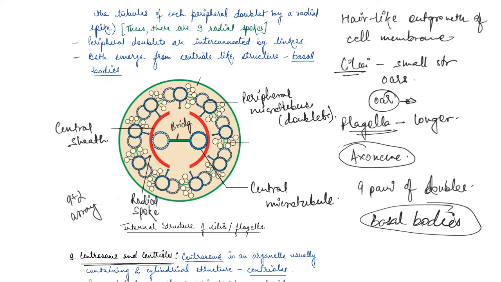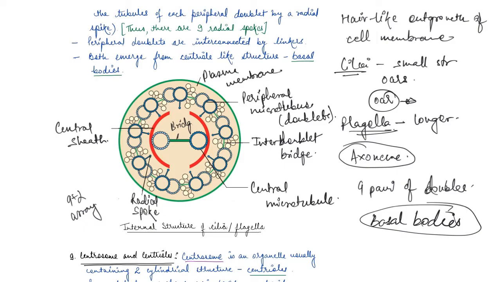Here you have the bridge, inter doublet bridge, and inside you have the plasma membrane. So this is the structure of cilia or flagella.